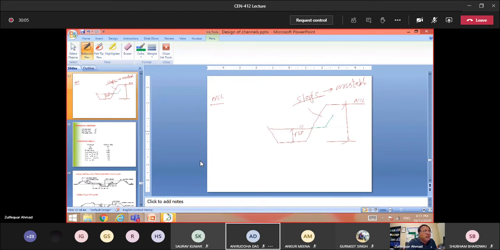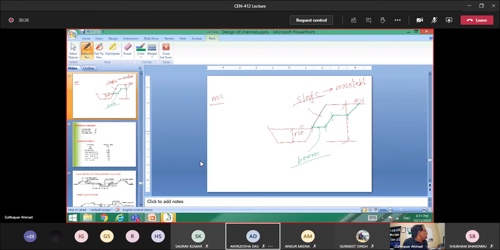Maybe two offsets will be provided. Then you have to come to the NSL, right? And this offset is the so-called berm. So berms are provided to give stability to the slope. If you go with this slope, it may not be stable, but if you go with this slope, then this will be stable.